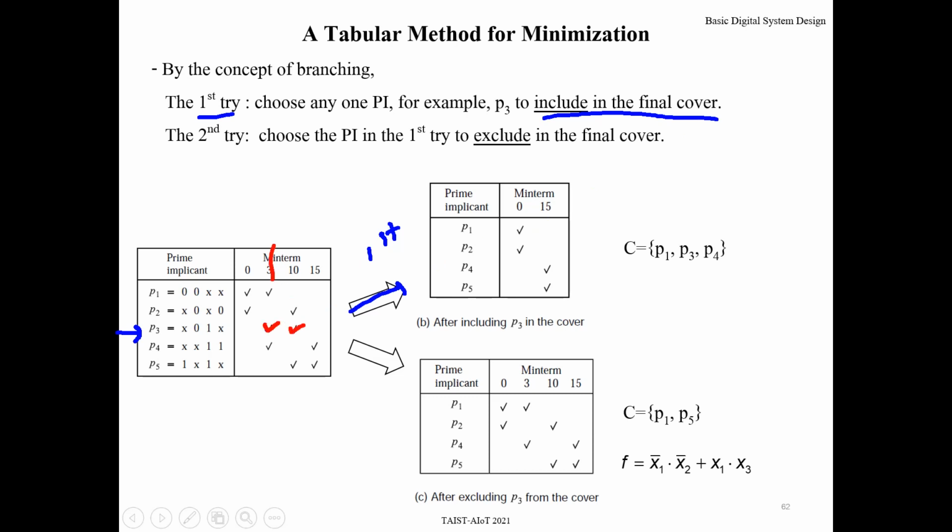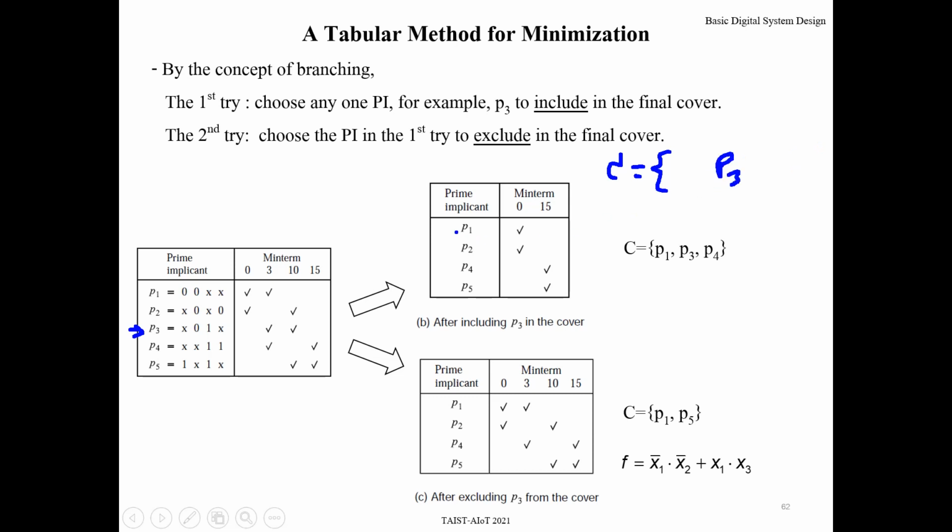That means we can remove this column because minterm 3 and 10 are already selected. Okay, as the result, you obtain this table. From this one, you can select P1 or P2, one of these, P4 or P5, one of these. So your final cover can be, select P3, right?